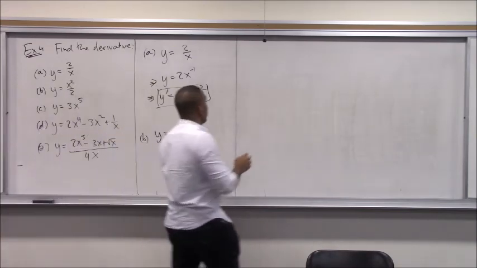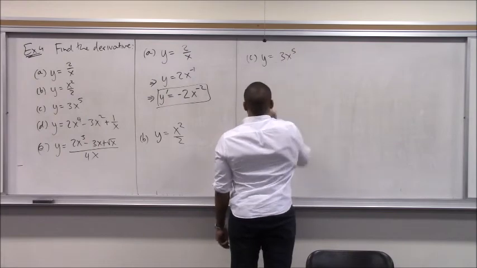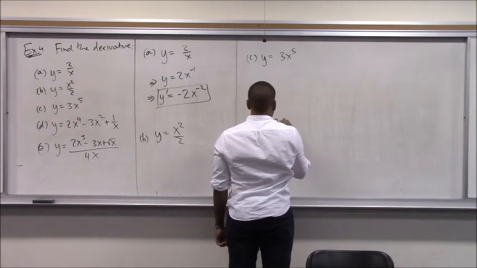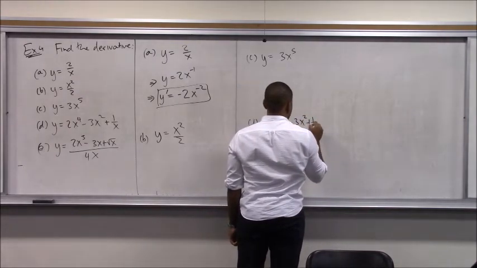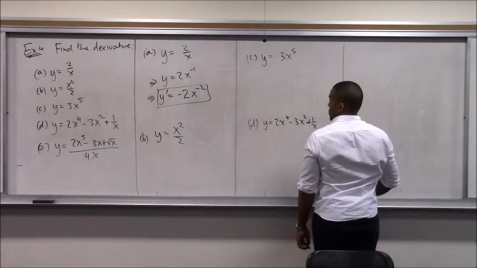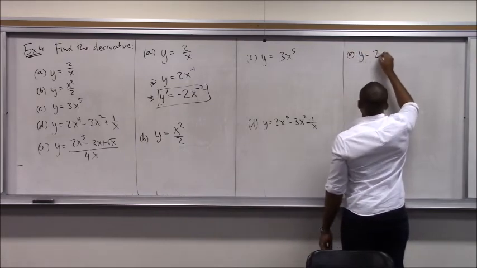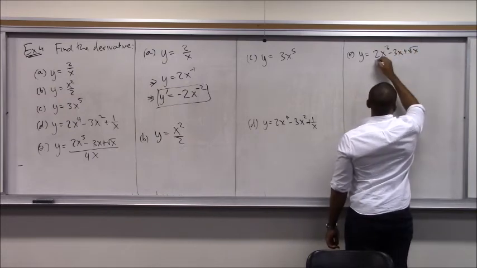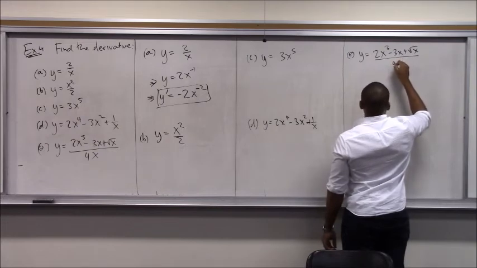What would you do there? I'll multiply it by the reciprocal, so I could get the 2 up to the numerator, and then subtract.